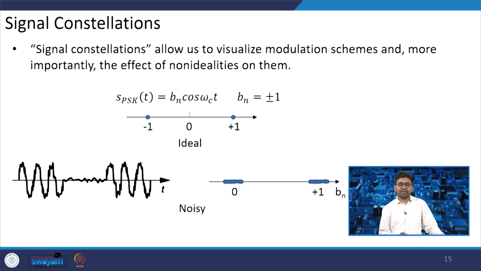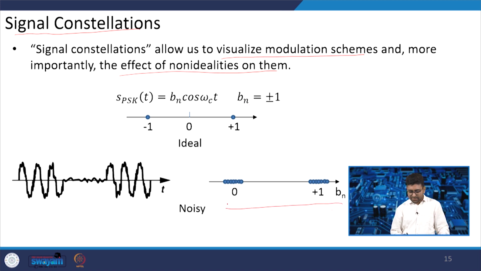Another important feature that you should know for digital modulation is the signal constellation. How will a signal constellation look? A signal constellation allows us to visualize the modulation schemes, and more importantly the effect of non-idealities on them. Let us say we have a PSK modulation, which is a function of Bn cos omega ct, where Bn can be either plus or minus. This is a Bn sequence.